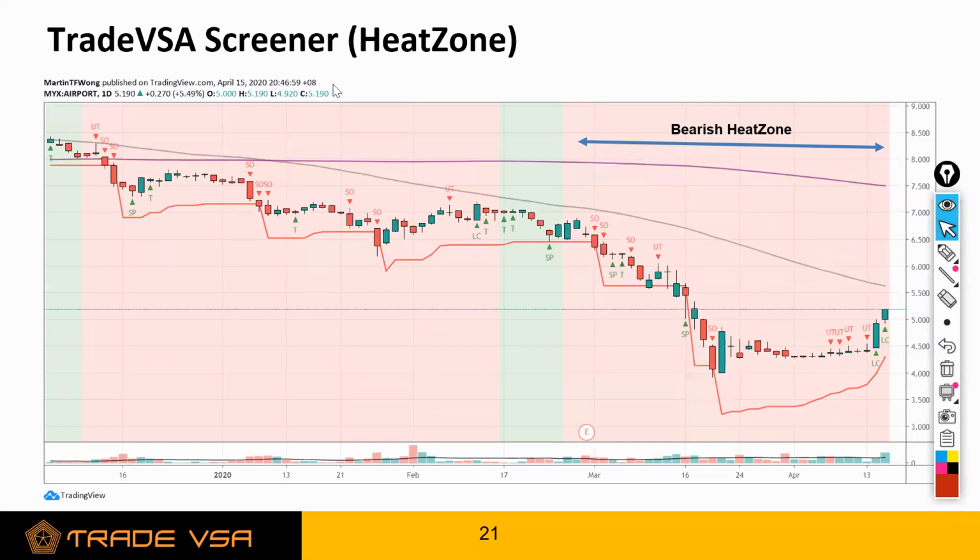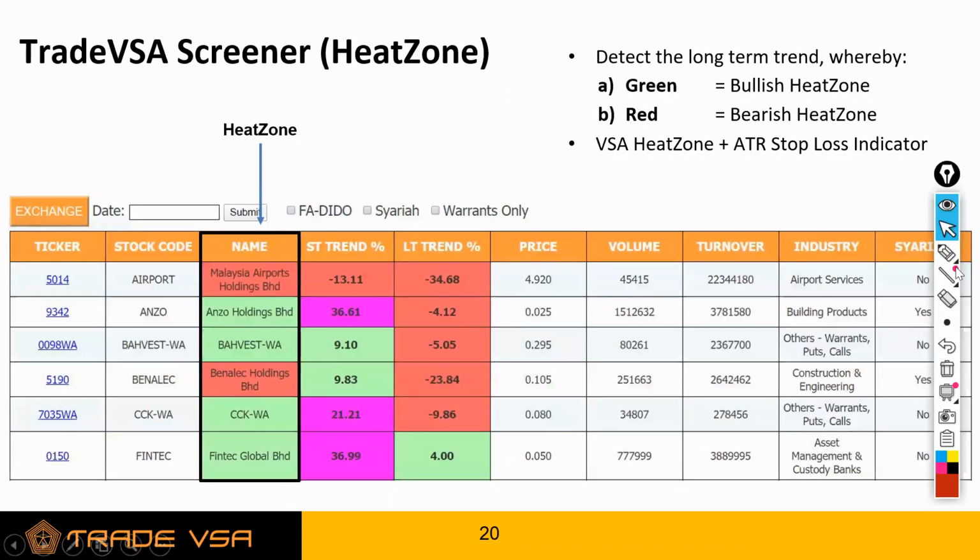So again, in the screener there's a lot of information that you can get. Let me answer KS first before I move on. For example, hit zone is in green, ST is in green, but why is LT still in red? Remember ST represents the 50 MA, LT represents the 200 MA.